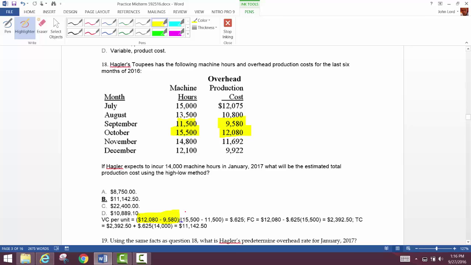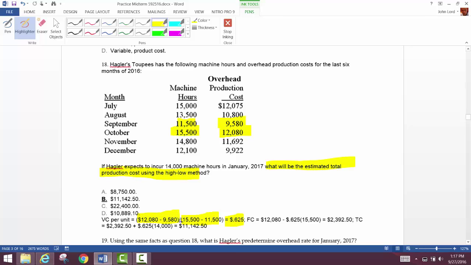12,080 minus the 9,580, the low activity, high minus low, gives me what? This one was just giving me the total, so I didn't have you calculate the variable, but the variable would have been 0.625.